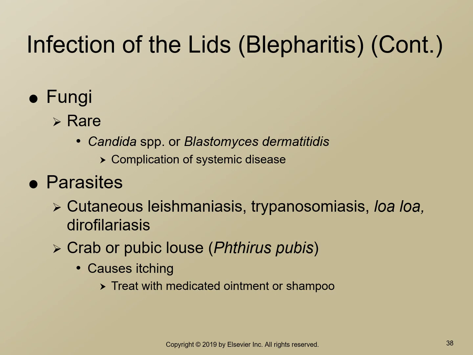Parasites can also be a cause of blepharitis, but these are also less common, and they can include cutaneous leishmaniasis, trypanosomiasis, Loa loa infection, and Dirofilaria. The crab or pubic louse can also cause infection and itching, and would be treated with medicated ointment or shampoo.